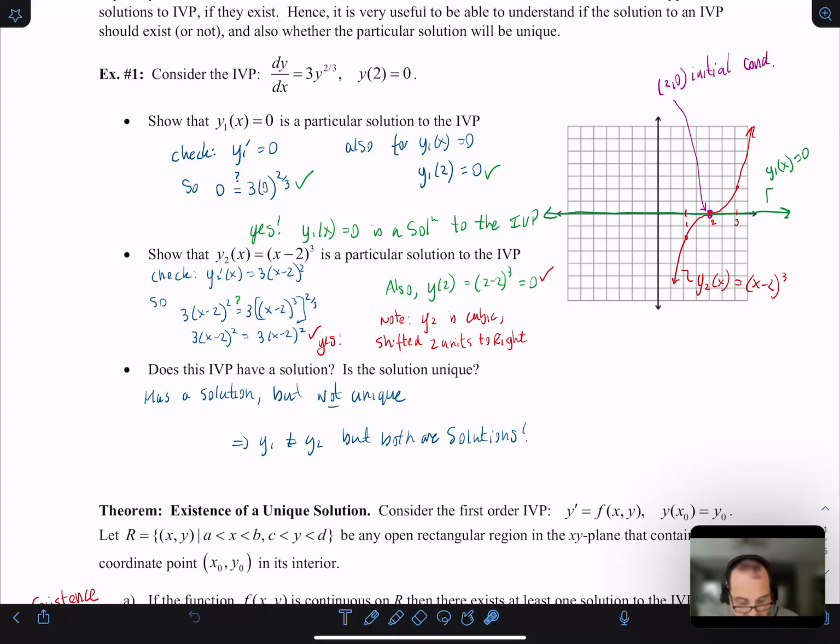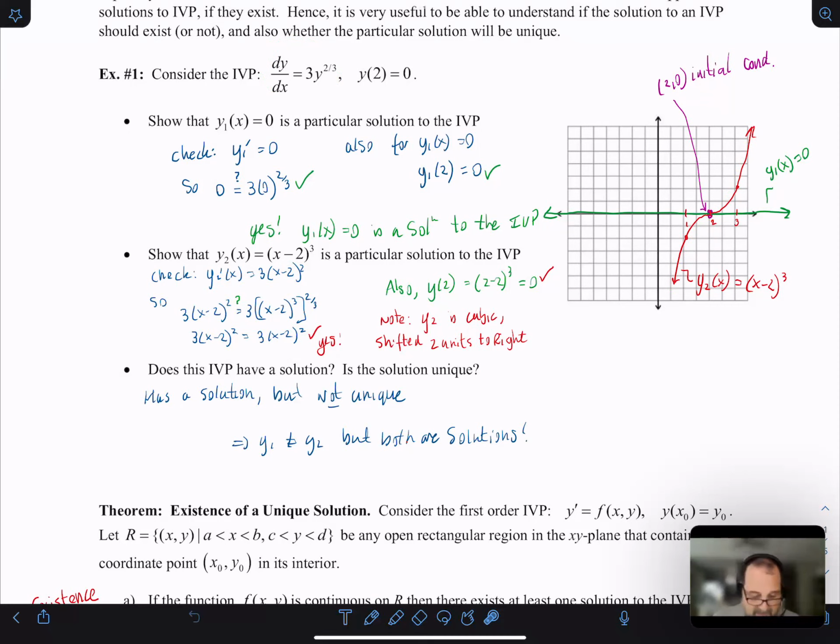We might note, for graphing purposes, y2 is a cubic function that has been slid over horizontally 2 units. So I plotted this one in red. Here is our second solution to this initial value problem. It is, again, another curve that satisfies the DE and also passes through the requested initial condition point.